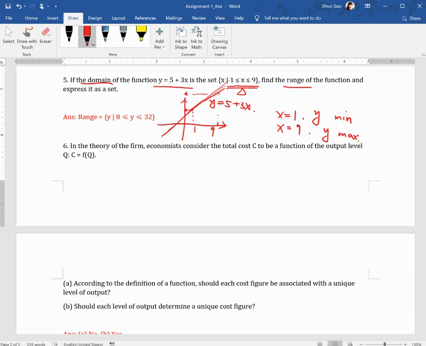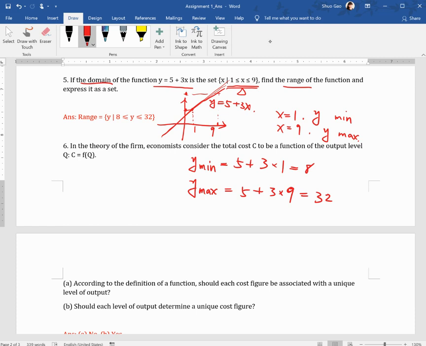So here we first need to plug in x equals 1 in the function and find that the minimum value of y is 8. And the maximum value of y is found by simply plugging x equals 9 into this equation, and we find that it's 32.